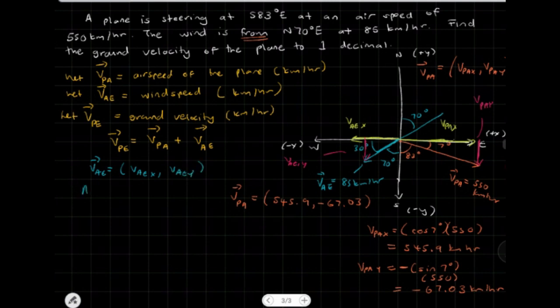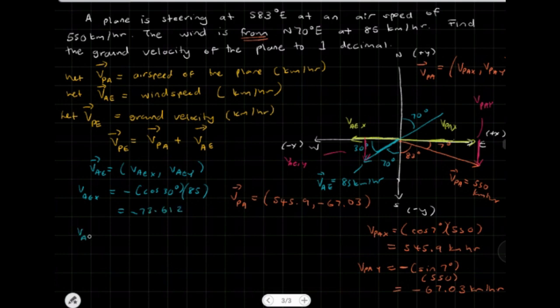So V sub AEX, you can notice that the x component of this vector is going west, right? So it should be negative. So this should be negative cosine 30 degrees times its initial vector 85. So if we plug this into our calculators, negative cosine 30 times 85, which gives us negative 73.612.